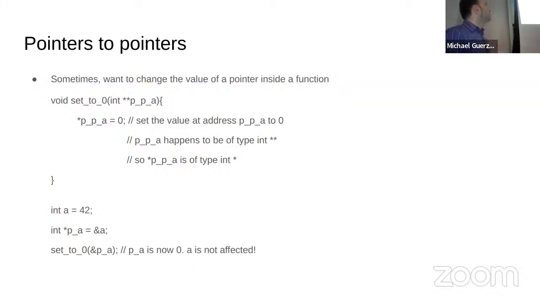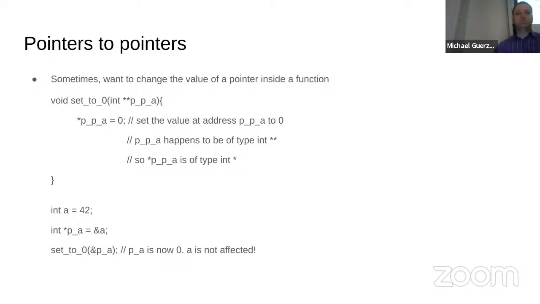Here's how I would like to think about this situation. I want to be able to set to 0 a value that happens to be an address. So maybe I have a pointer PA over here, and this pointer happens to be the address of A. And I want to send it to a function and set PA to 0.